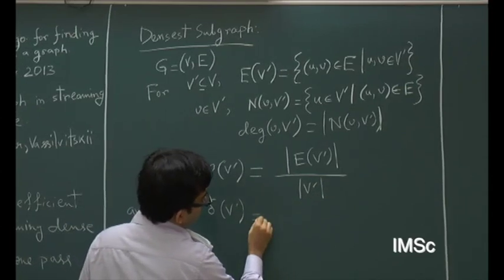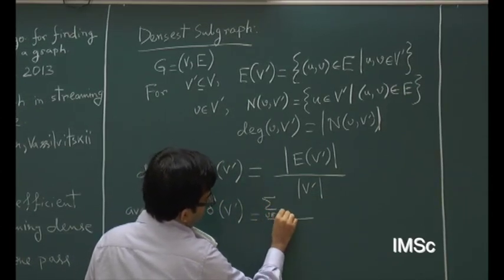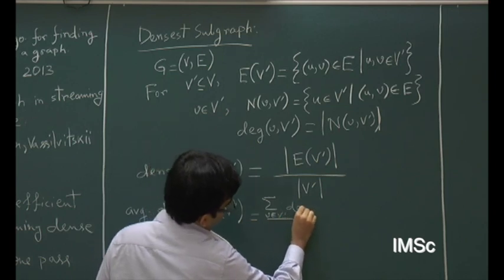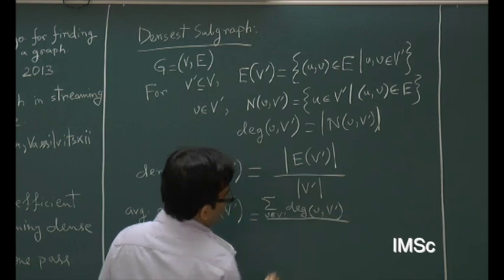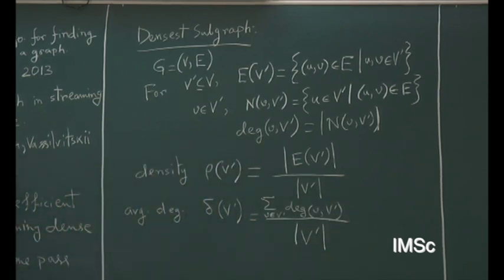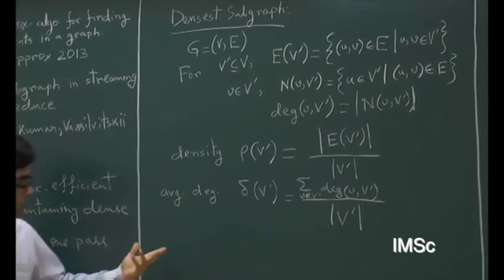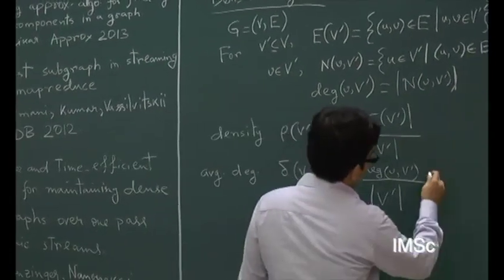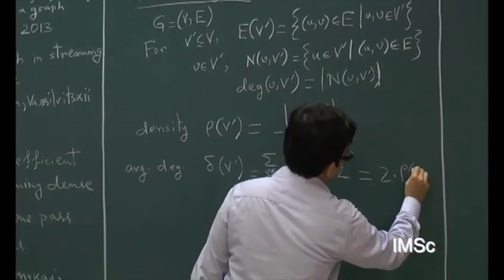What is the average degree? By definition, you sum over the degrees of all the nodes in V prime divided by the size of V prime. Can you tell me how these two quantities are related? Yes, the average degree is equal to 2 times the density, rho of V prime.